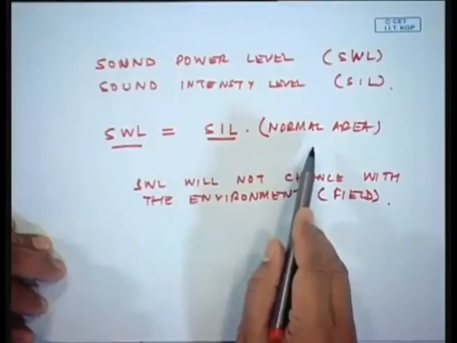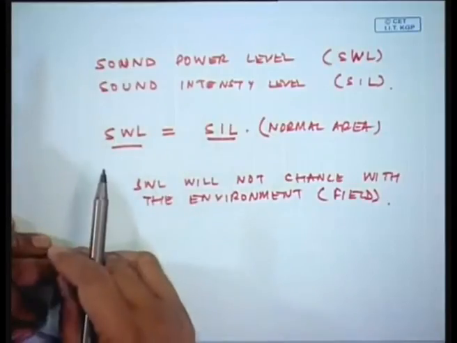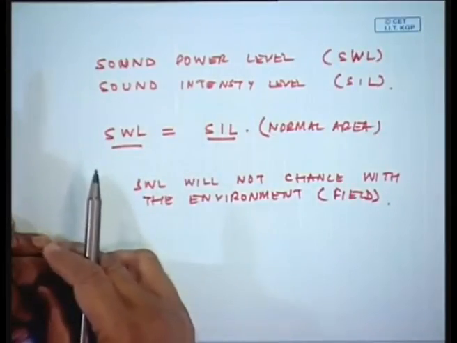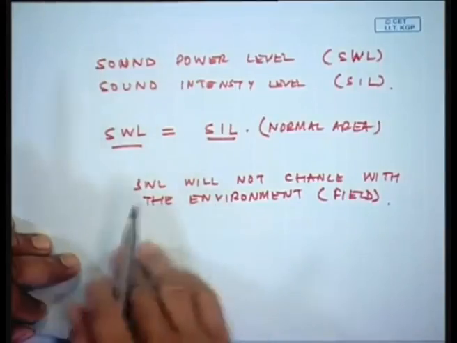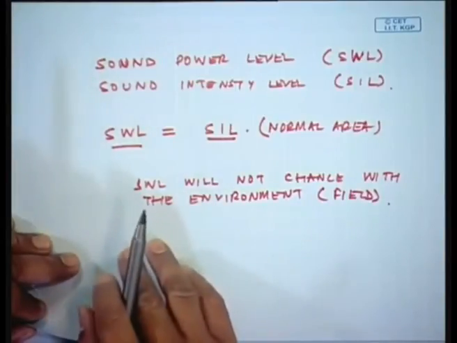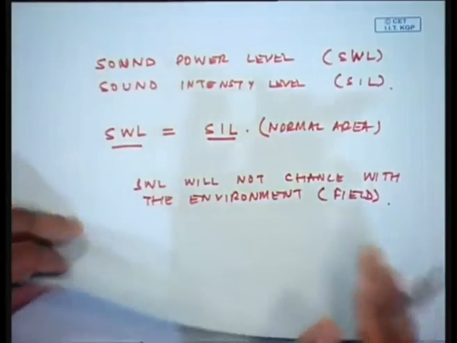So, it may not be very easy to measure the sound power level in situ at a location, but nevertheless there are methods using the sound intensity level by which we can measure the sound power level. But the sound pressure level, if we measure to monitor the health of a machine, we have to tell the field conditions, the distance from the source, and ensure that the background is less by more than 10 decibels. Okay.